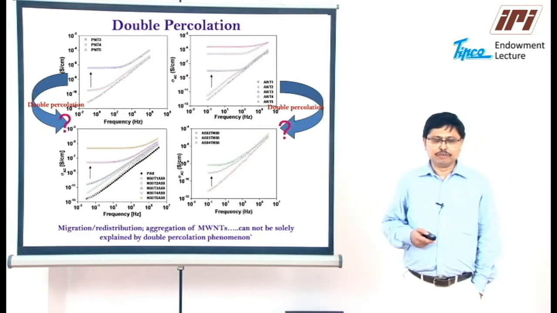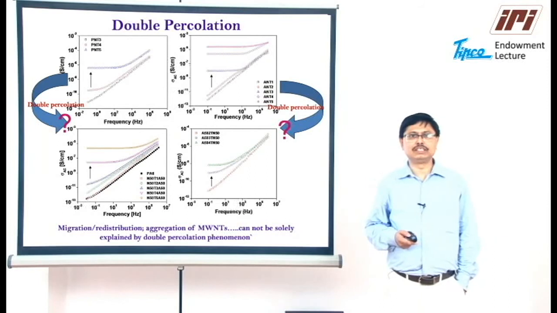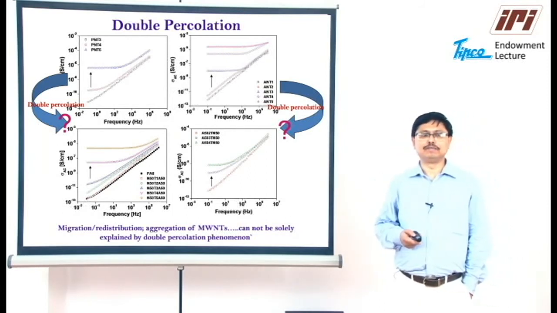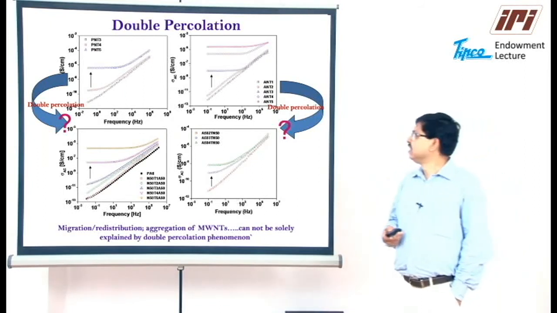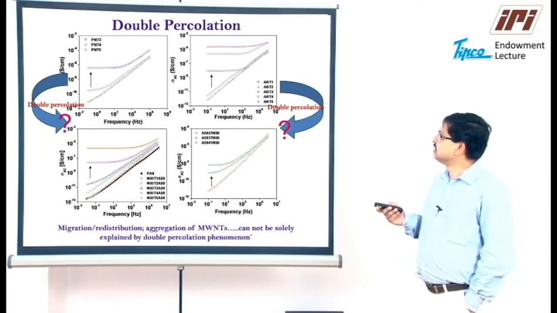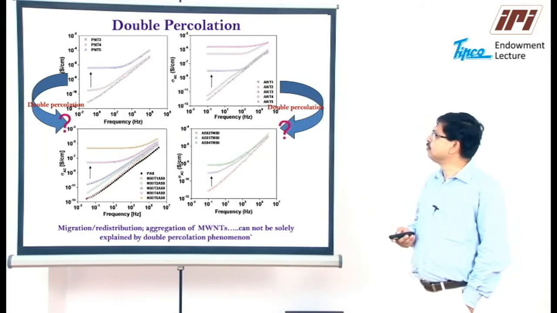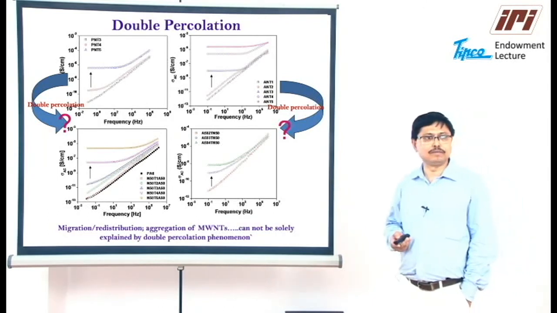So in order to find out whether this double percolation phenomenon is being followed in this particular system, here the blend system is 50-50 polyamide 6 ABS. Before going into that, we also found that there is a percolation threshold of 4 to 5 weight percent in the case of injection molded pure polyamide 6.